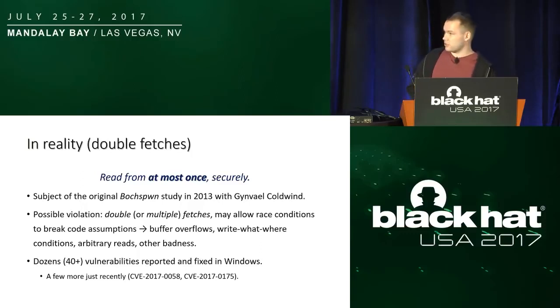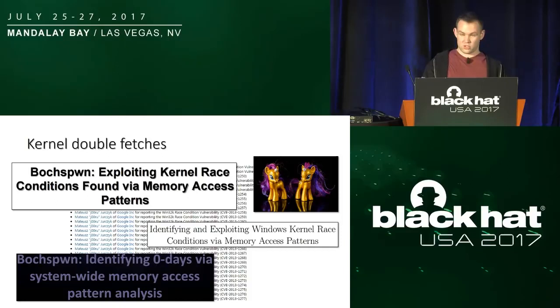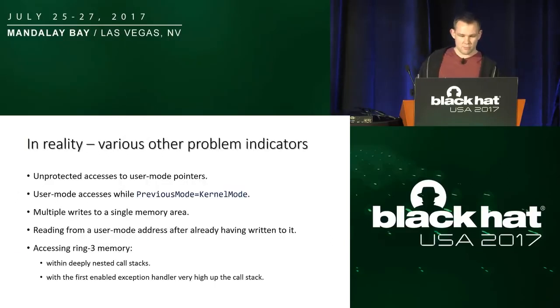This original research resulted in discovering more than 40 vulnerabilities in Windows, and we wrote quite a few papers on this subject, on both trying to find these kinds of double fetches and also exploit them. This research was also presented here at Black Hat.